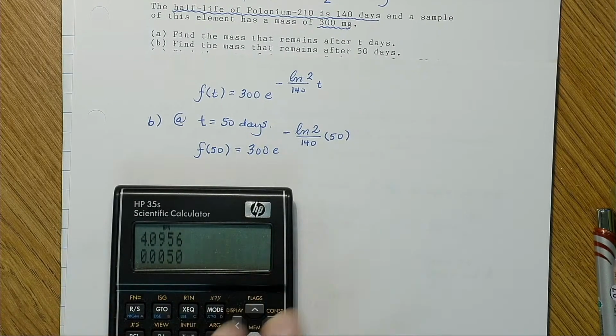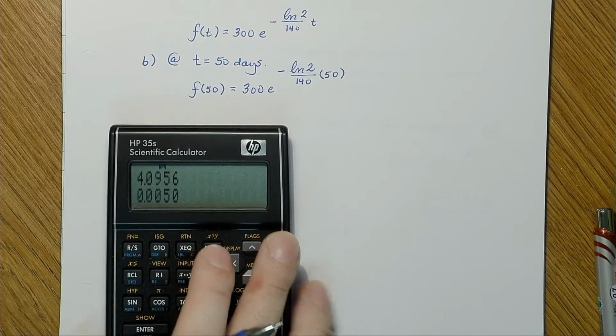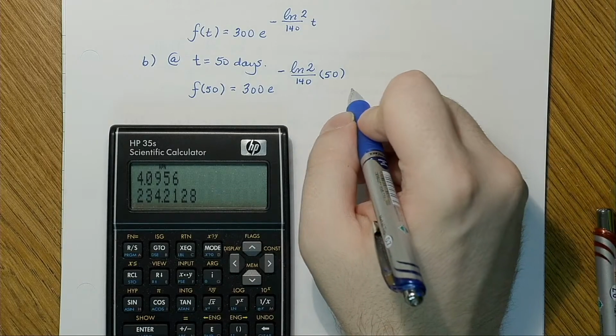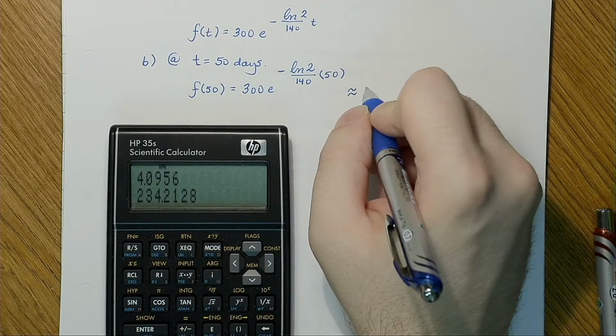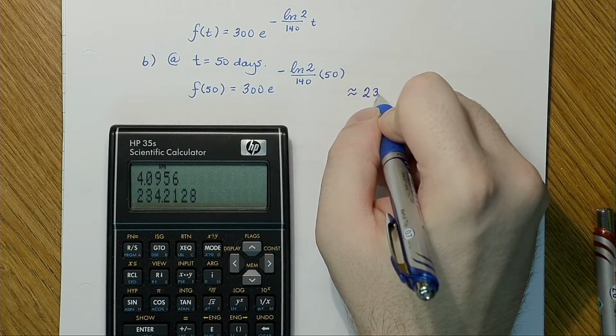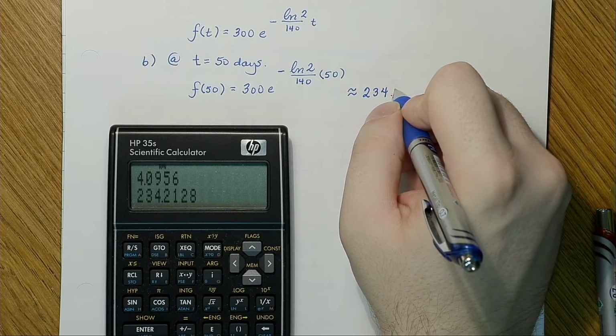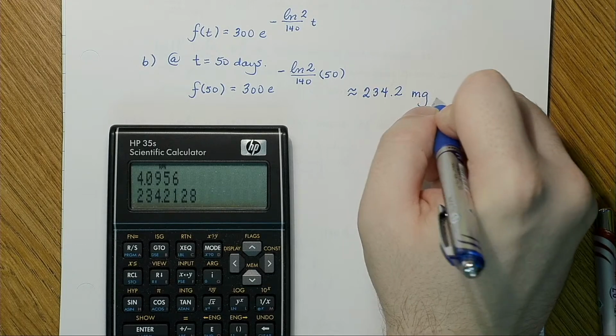So I'll plug that in, take the exponential of that, and times 300. So that gives me approximately 2 milligrams left.